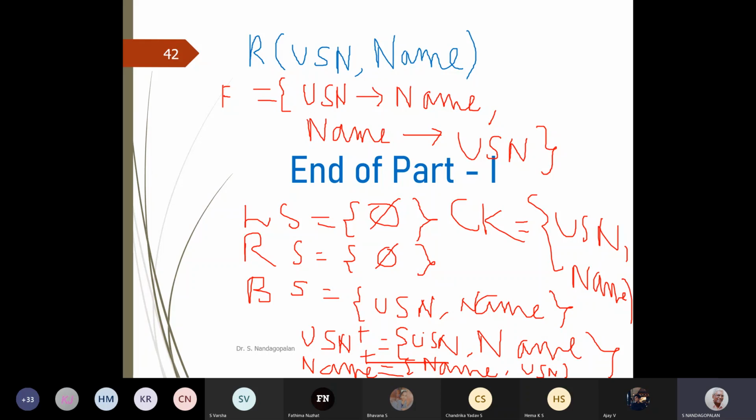If you have a relation where you don't have any fixed attributes only on the left or only on the right, and everything goes into both the sides, then the logic is very simple: pick one attribute at a time and find its closure. If it is not finding all attributes, go for two at a time, three at a time, all combinations. So you have an algorithm already available for that. You can borrow it. Any doubts?